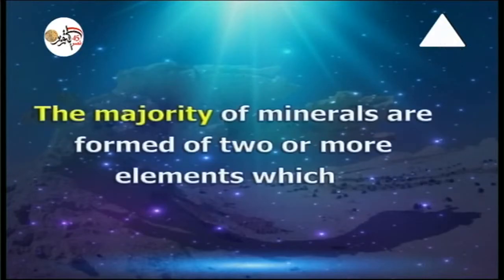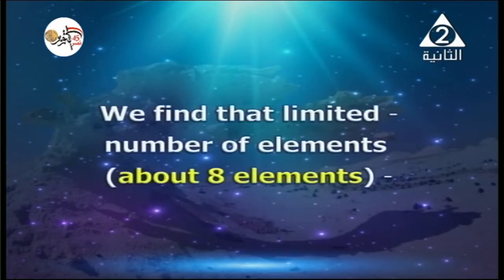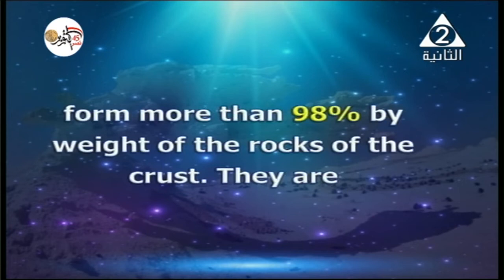The majority of minerals are formed of two or more elements which unite to form a compound of constant composition. We find that a limited number of elements, about 8 elements, form more than 98% by weight of the rocks of the crust.